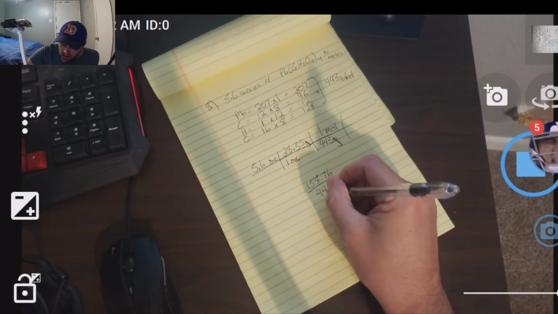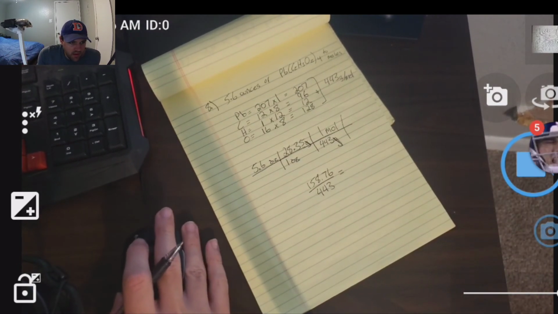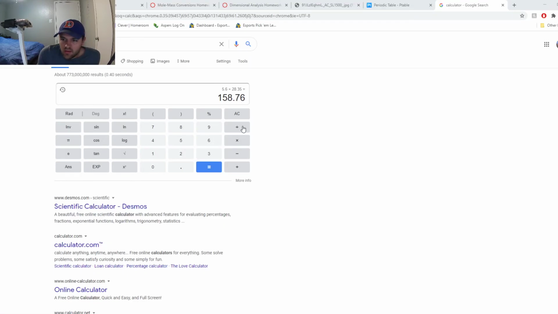So it's going to come out as 443. So then we'll plug that into our calculator as 158.76 divided by 443. And that will give us our final answer for the number of moles that would be in 5.6 ounces of this chemical. And like I said, round to 2 decimal places, so this would be 0.36 moles.